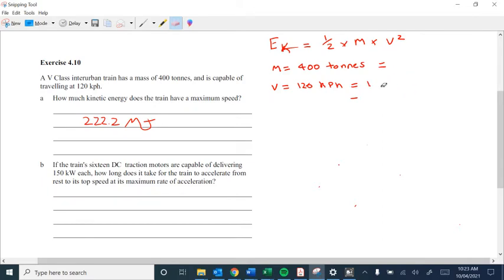To do part B, you need to know that power is a measure of a change in energy divided by time. As the train speeds up, its kinetic energy increases, from 0 when it's stationary to this value here, 222.2 megajoules, when it's at its top speed. So the more powerful the engine, the faster it's able to give it that kinetic energy.